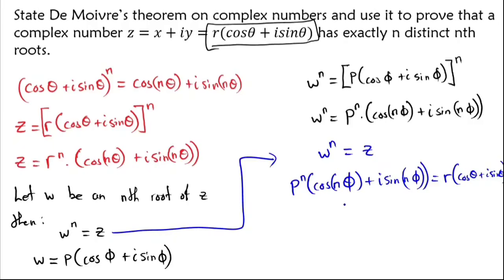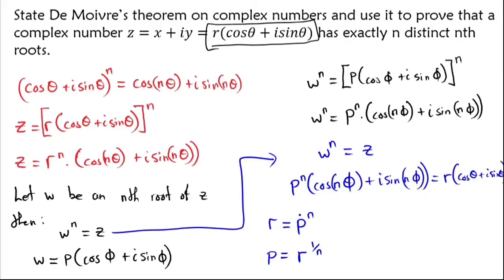So clearly I can compare the modulus. If we equate the modulus, we can see that r is equal to p to the power n, or p is equal to, so I'll raise both sides to the power 1 over n, so that would be r raised to the power 1 over n.